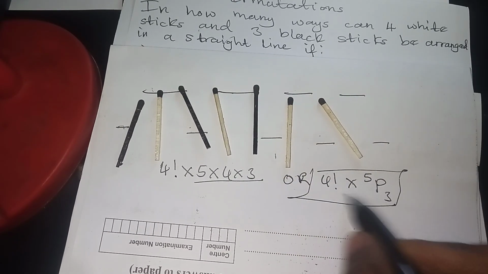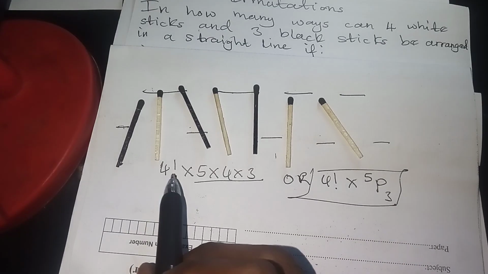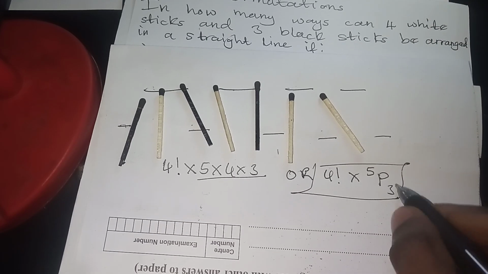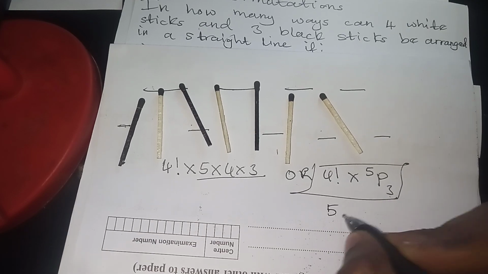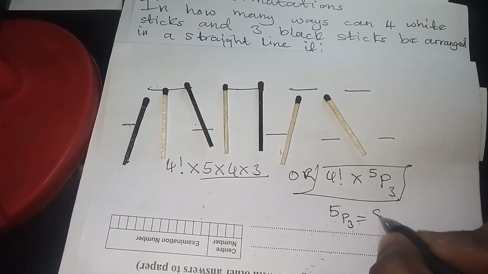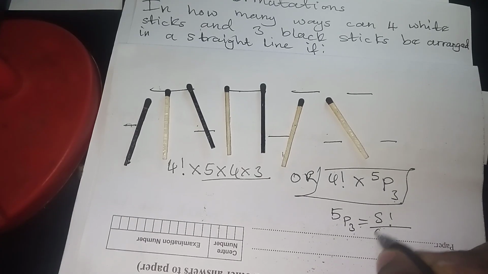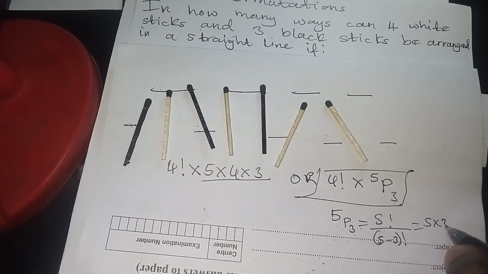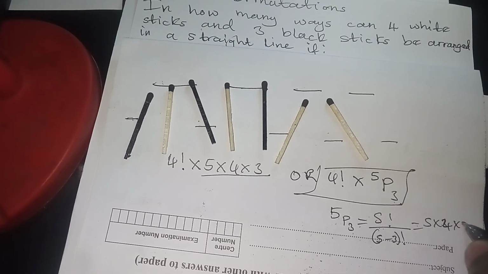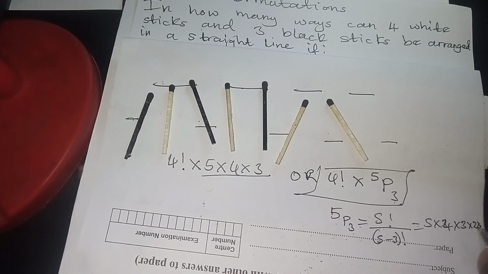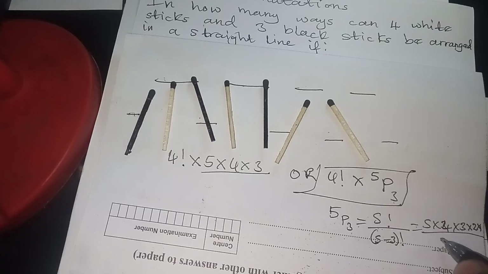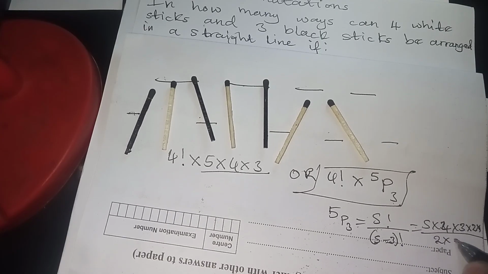So if you understand this, then well and good. If you don't, you can use this simplified version. This is exactly the same as this. Since the permutation, 5 permutation 3 is defined as 5 factorial over 5 minus 3 factorial, which is 5 times 4 times 3 times 2 times 1 over 5 minus 3 is 2, so you have 2 factorial in the denominator, which is 2 times 1.